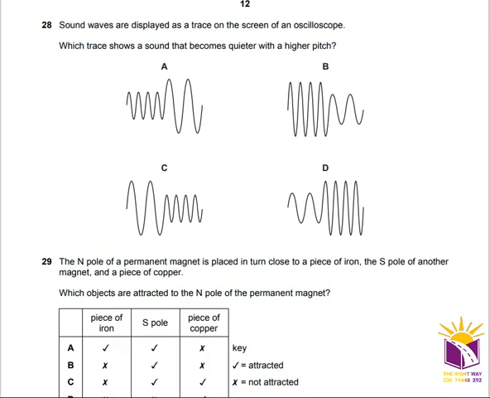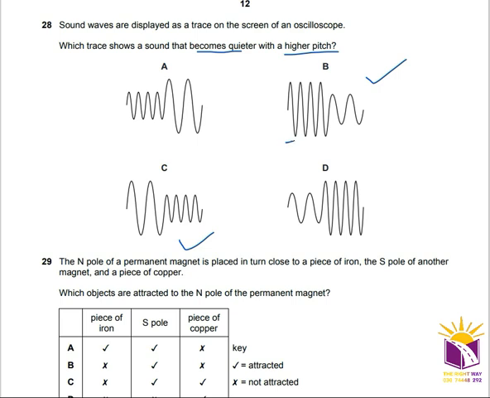Question number 28. Sound waves are displayed as a trace on the screen of an oscilloscope. Which trace shows a sound that becomes quieter with a higher pitch? Becomes quieter, so amplitude decreases. So amplitude decreases for B and for C. Amplitude decreases because it becomes quieter, and higher pitch means higher frequency.